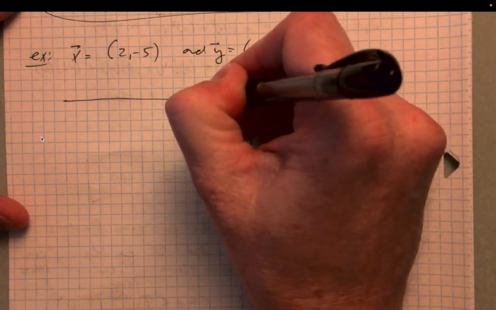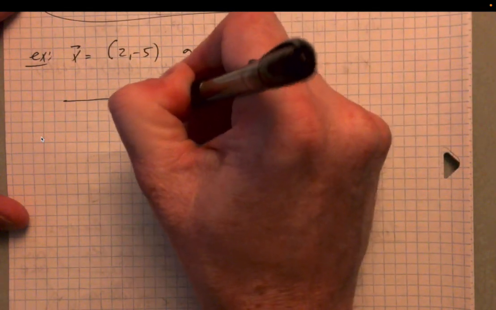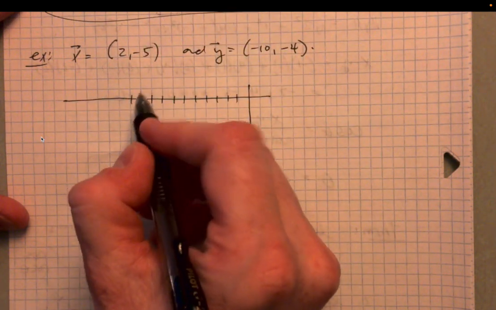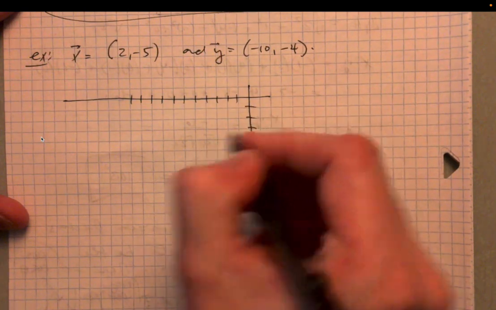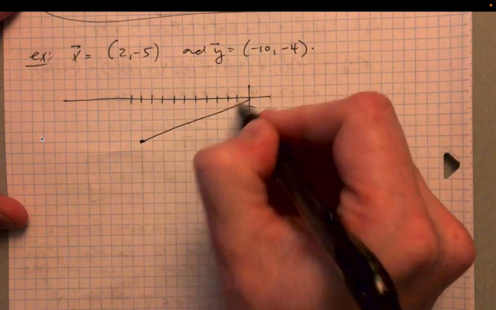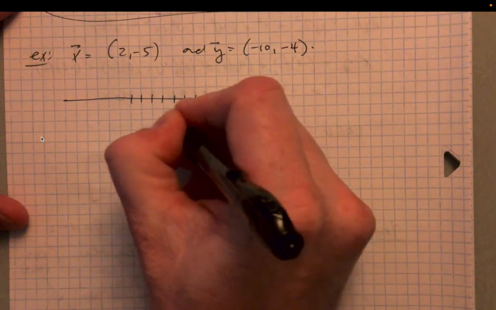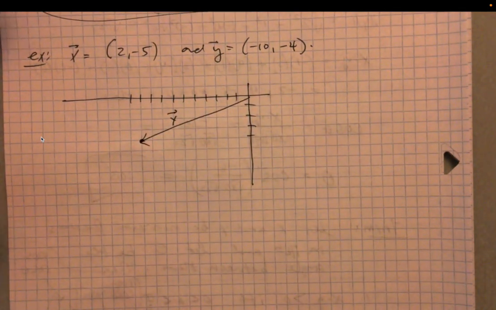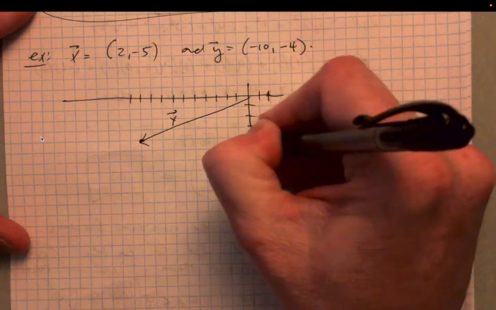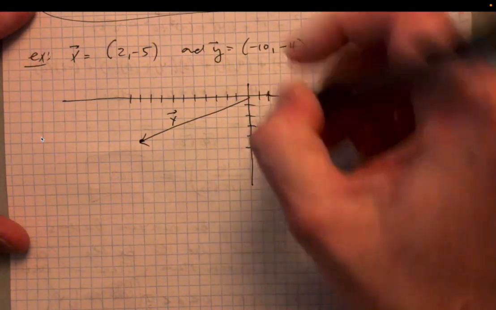So negative 10 and negative 4, somewhere about here. So here's your y. And then x is (2, -5), so 2 over, 5 down, right about there.